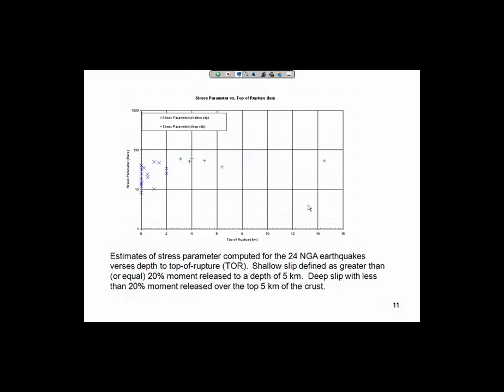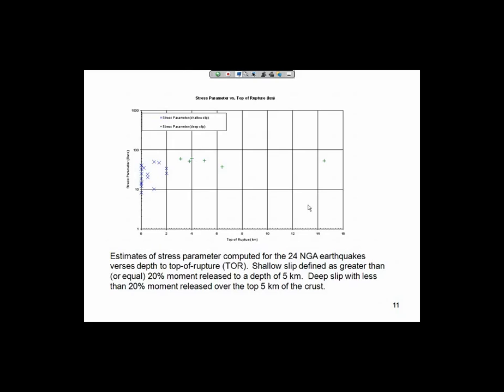And you see quite a bit of scatter in the shallow earthquakes that have top of rupture from basically 0 to 2 kilometers. The stress parameter ranges from below 10 to almost up to 50, 60 bars. And if you look at the stress parameter from the 6 deep observations, it's tightly clustered around about 58 bars.